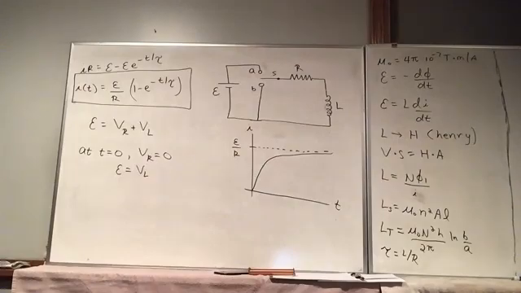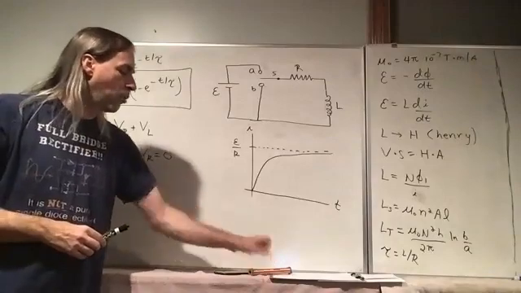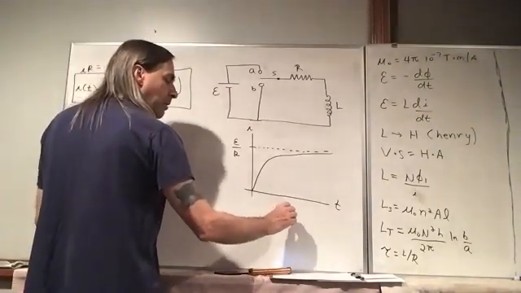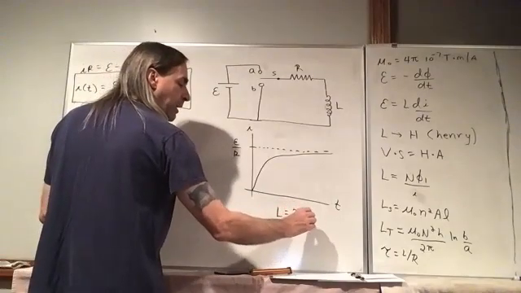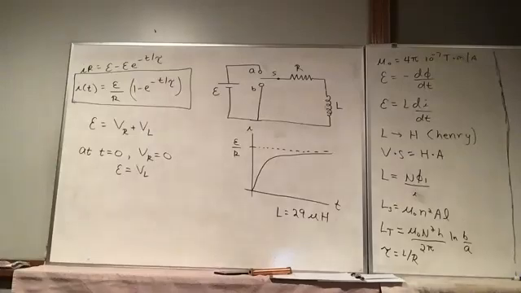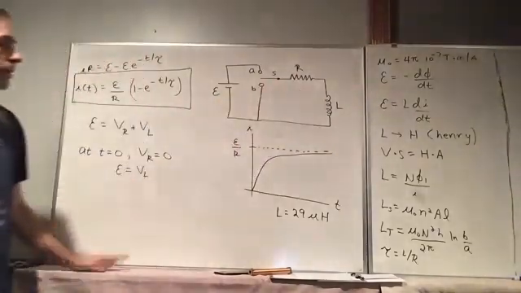All right, so let's use this as an example. I think we had 29 microhenries. So let's say L is 29 microhenries for this inductor. Say we just hook up something like this.